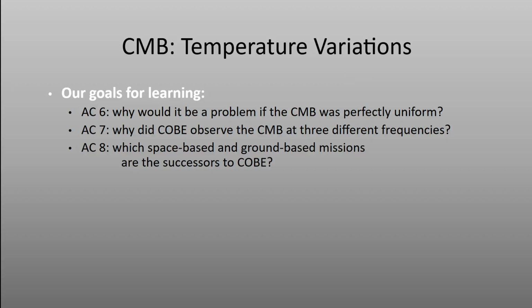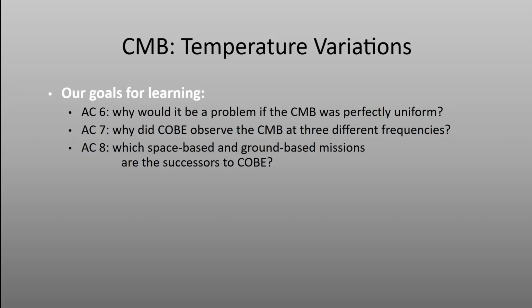As you'll obviously tell, they were produced with Notebook LM, which is through Google, so basically Gemini. And for our goals of learning for this part, we'll be digging into basically why there should be temperature variations in the CMB at all, and why we can immediately know that there had to be temperature variations.